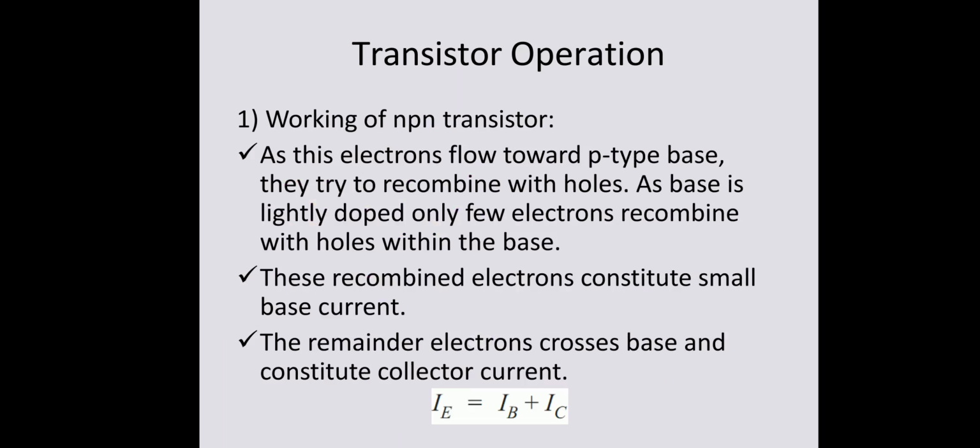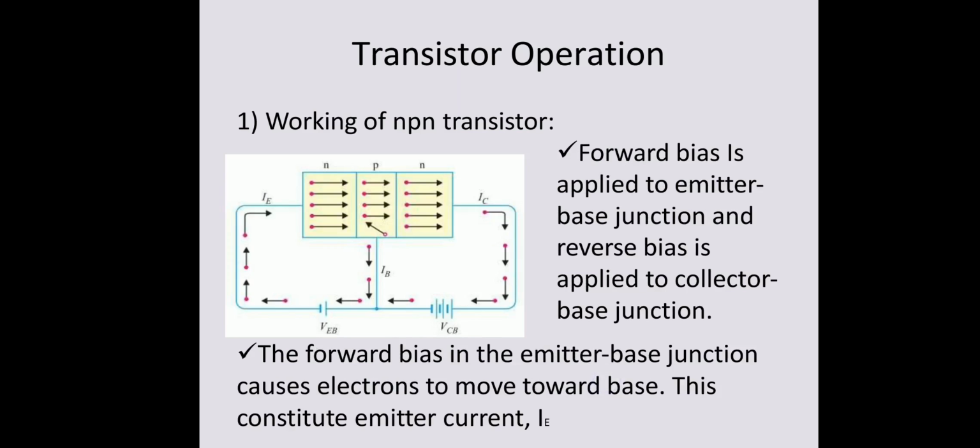As these electrons flow towards the p-type base, they try to recombine with holes. As the base is lightly doped, only a few electrons recombine with holes within the base. The base region is made up of p-type semiconductor, so the majority carriers are holes.